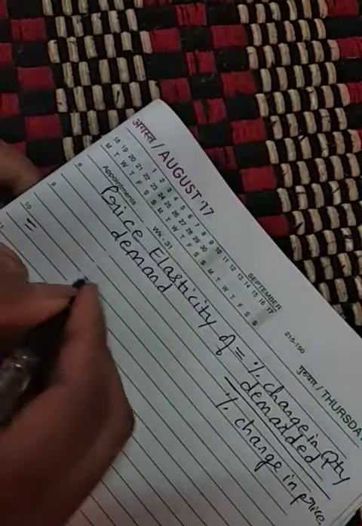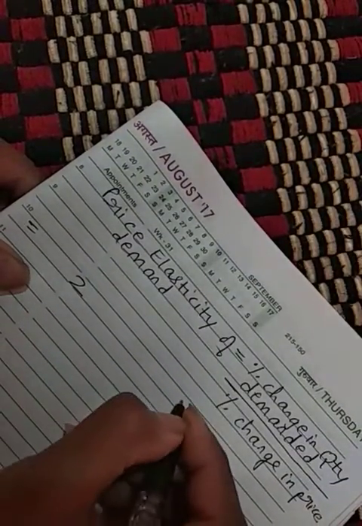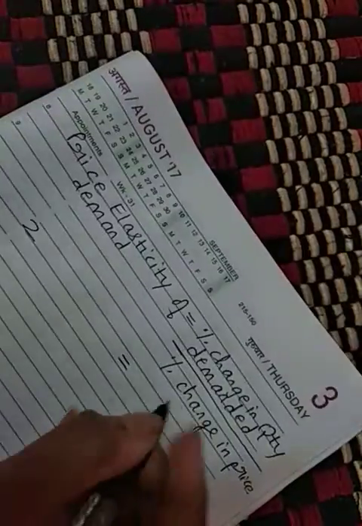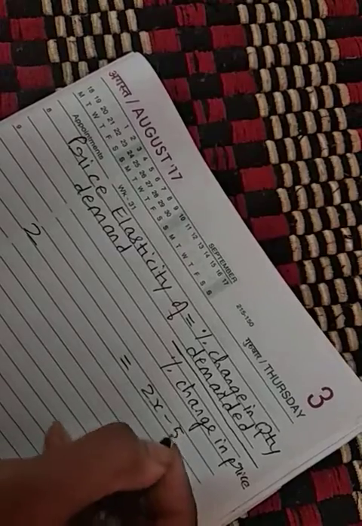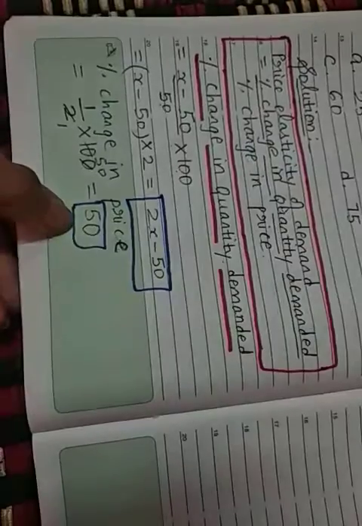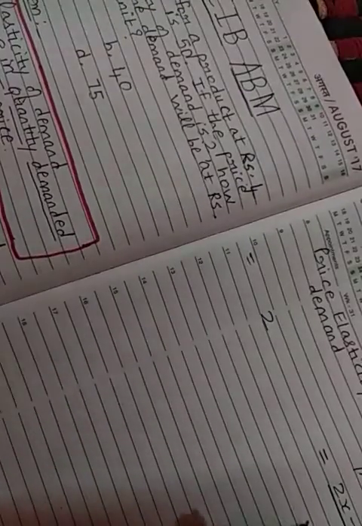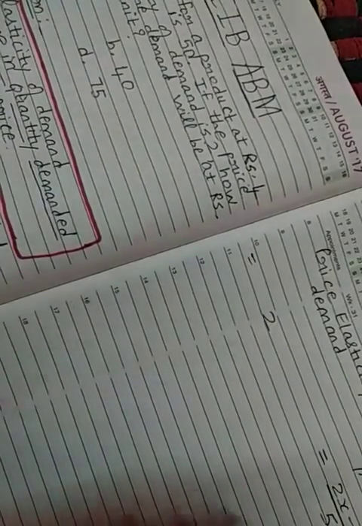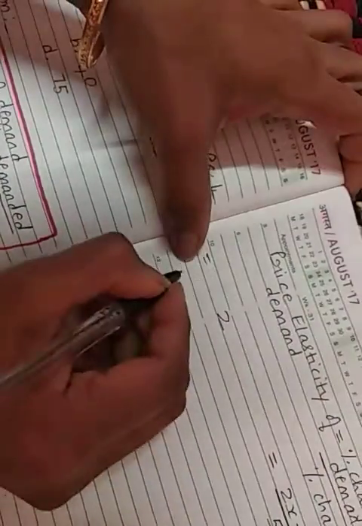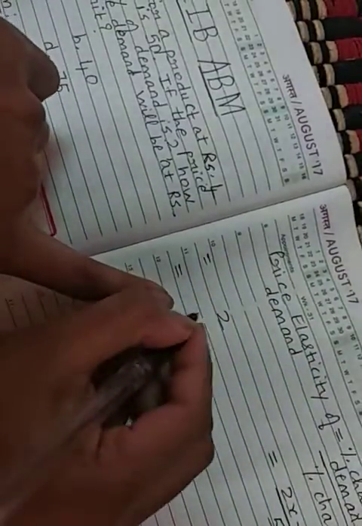So we will write 2 equals to, the first answer we got, 2x minus 50, divided by the change in price, the second answer which we got, 25. I am keeping it like this for you so that you can link it.